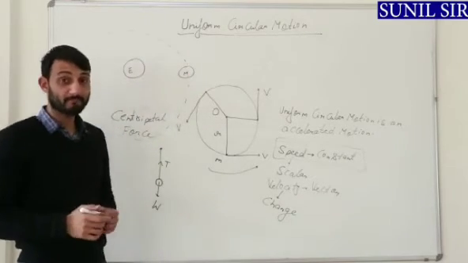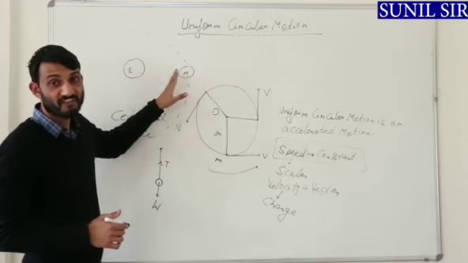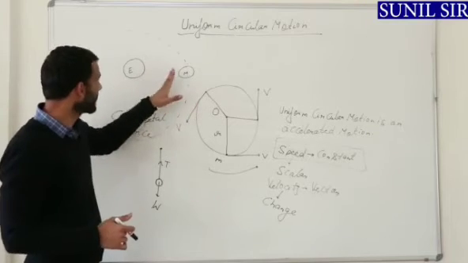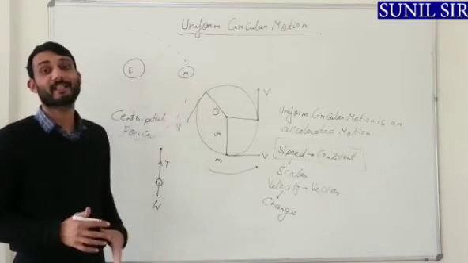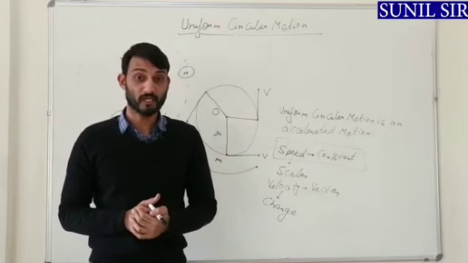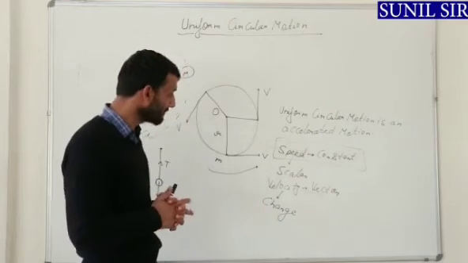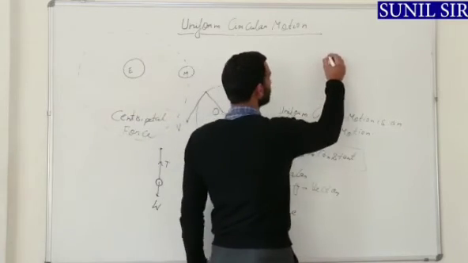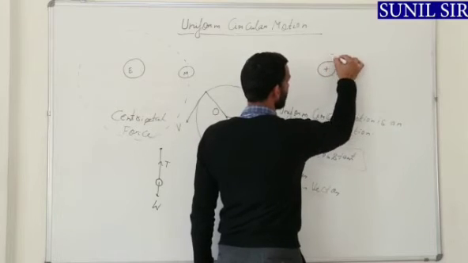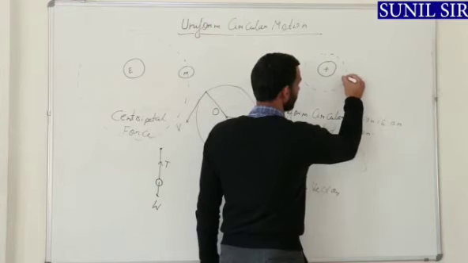There is a force of gravitation acting between these two, and this force of gravitation is providing the necessary centripetal force for the revolution of the Moon around the Earth. In a similar way, we have a nucleus which is positively charged, and around the nucleus we have an electron revolving.